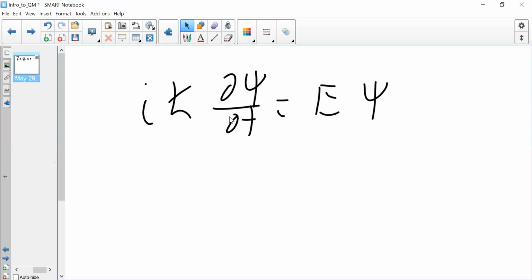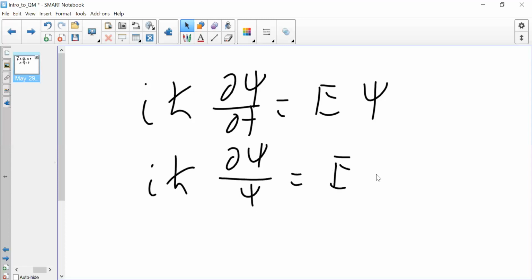First thing we're going to do in the ordinary differential equation is combine like terms. So we're going to have i h bar, del psi over psi, equal to E del t. Now this del is a partial derivative, but we don't have to worry about the vagaries of the partial derivative.